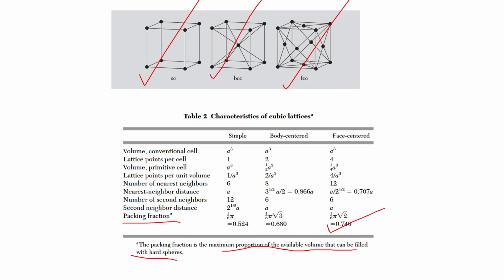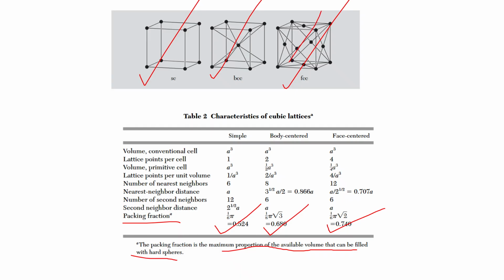That means here 74% is filled in FCC. Here only 68% is filled. Here in simple cubic only 52.4% is filled. So nature will obviously prefer the one with the most filling. We remember that there was a no gaps rule. So nature prefers the minimum arrangement, and it does not want any gaps.